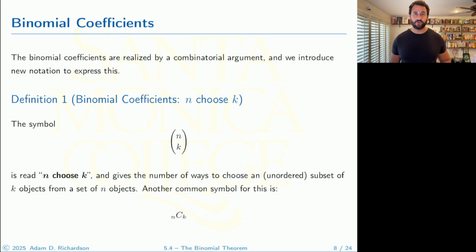Now, if you took a stats course before or learned a bit about combinations and permutations, you might have heard this before. n choose k is just the number of ways to choose an unordered subset of k objects from a set of n objects. So maybe a more concrete example would be, if this said like 10 and this said 3, that would be how many ways can you choose groups of 3 from a set of 10 objects?